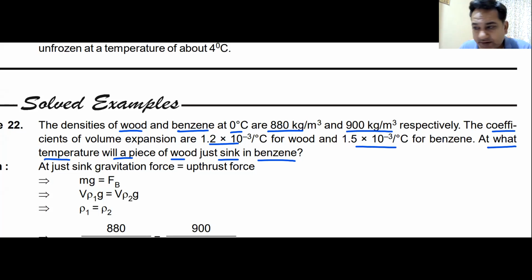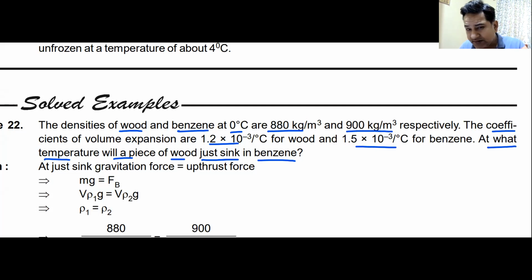Whatever I have told you, has it made any difference in your solving the question? Okay, so what I need to find out is when the body just sinks.